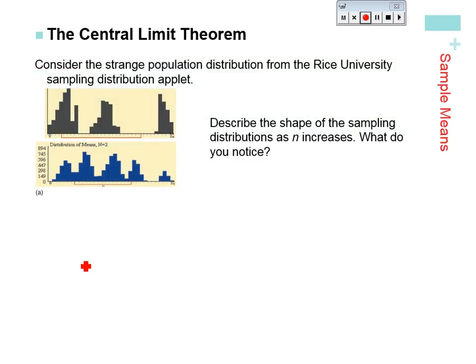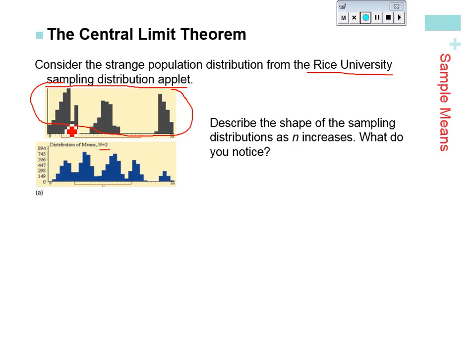So here's just some different things. This is a population distribution from a Rice University sampling applet. What we did here was we sampled from that population and took a sampling distribution from this original population.